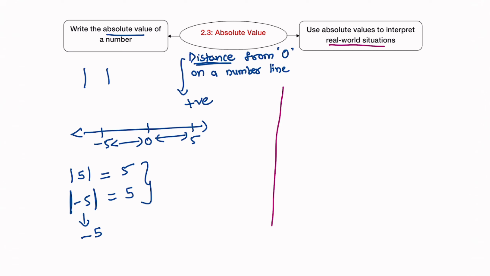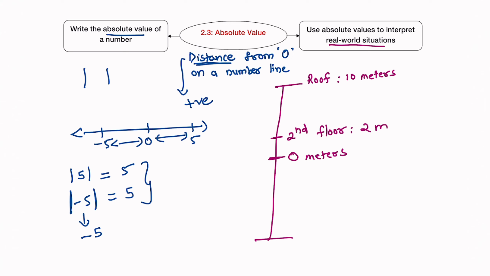Let's say this is a building here. Interesting drawing. Roof. This is the ground floor here at 0 meters, and the roof is, let's say, at 10 meters. Now let's say here we have the second floor, which is at 2 meters.